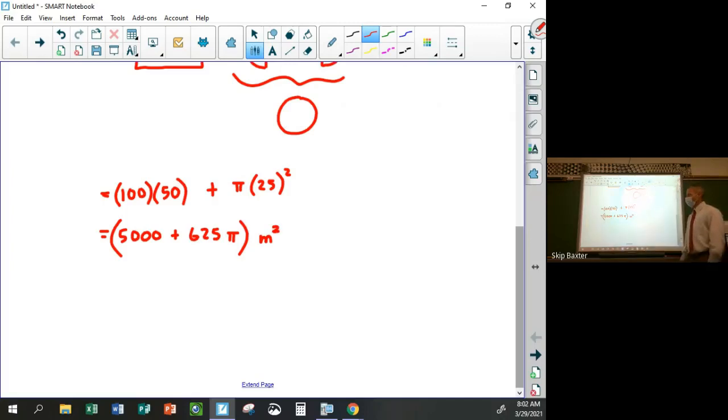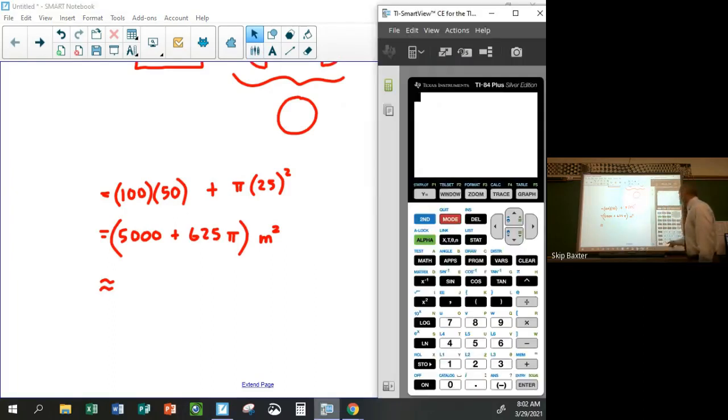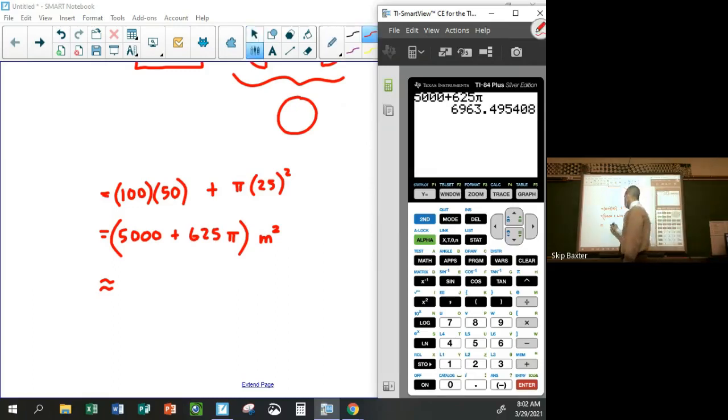And if you wanted a decimal answer, which they might ask for, then you can do that easily enough. Just use your calculator. So here you just take 5,000 plus 625 pi, calculator, and you end up with 6,963. So say they want it to the nearest square meter. It would be 6,963 square meters.